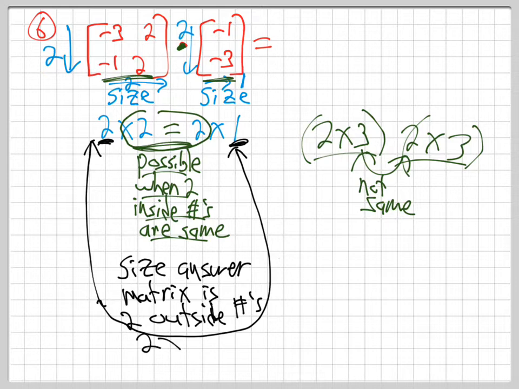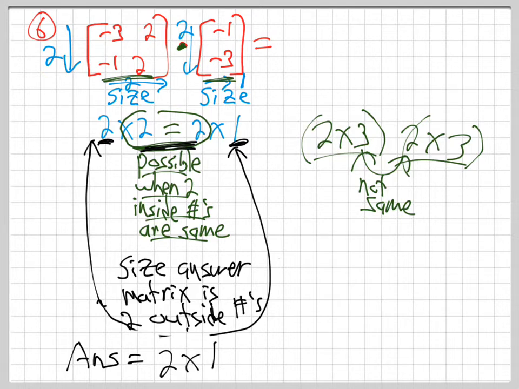So in other words, 2 by 1. The answer matrix will be a 2 by 1. So those dimensions are very important. First off, the two inside numbers have to be the same for you to even be allowed to do it. And then if you are allowed to do it, the two outside numbers tell you the size of the answer matrix.